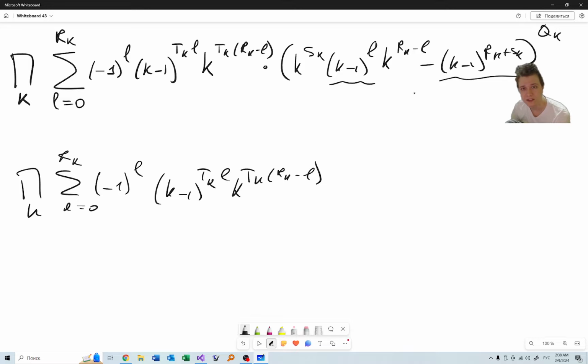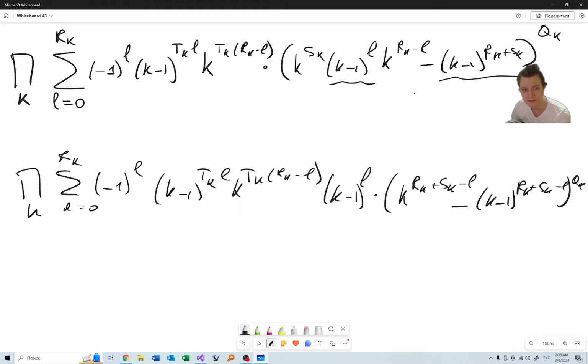So I can write it as k minus 1 to the power L times k to the power Rk plus Sk minus L minus k minus 1 to the power Rk plus Sk minus L, to the power Qk.